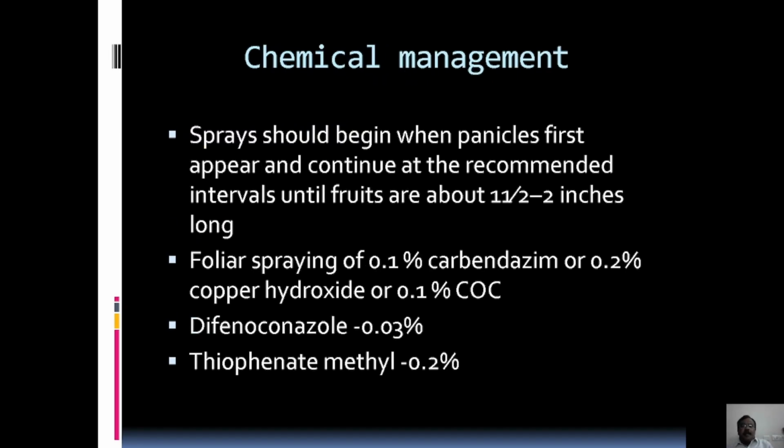And then spray when the panicles are initiated or appeared, and continue at the recommended interval, with foliar application of 0.1% carbendazim or 0.2% copper hydroxide or 0.1% copper oxychloride or difenoconazole at 0.03%. All are recommended during the cropping period if the symptoms are observed on the crop.